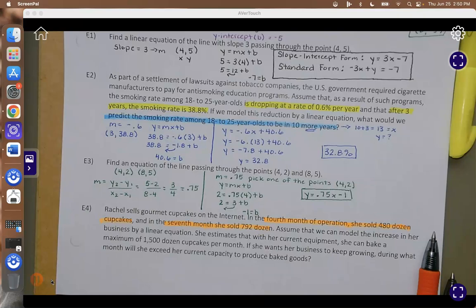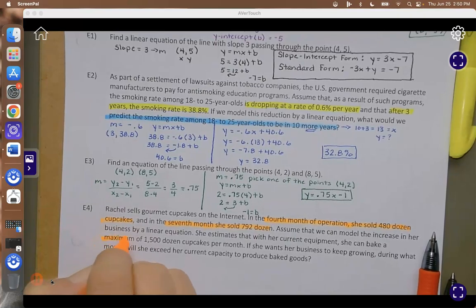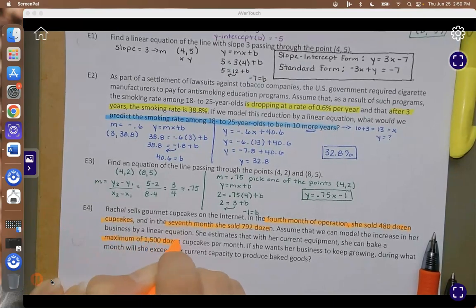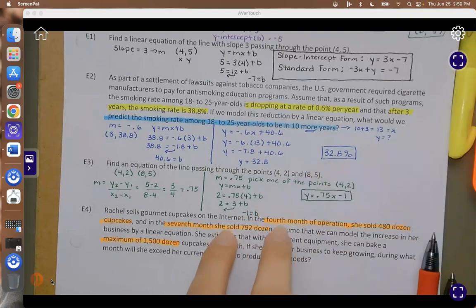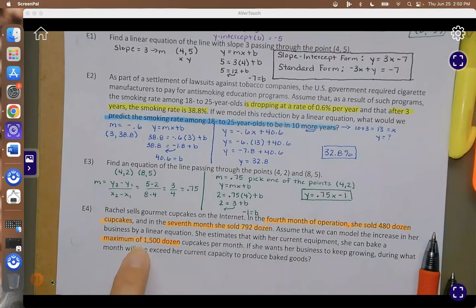Assume we can model the increase in her business by a linear equation. She estimates with her current equipment she can make a maximum of 1,500 dozen cupcakes per month. If she wants her business to keep growing, during what month will she exceed her current capacity to produce baked goods? All right, so there's two parts here. We work with these things, and then we got to find out when she'll hit that maximum.